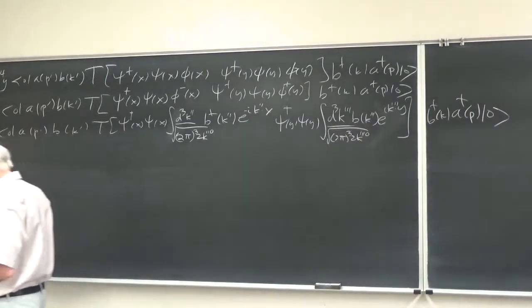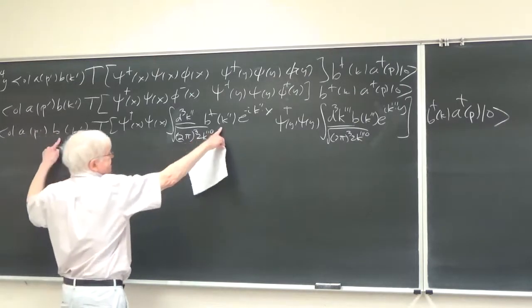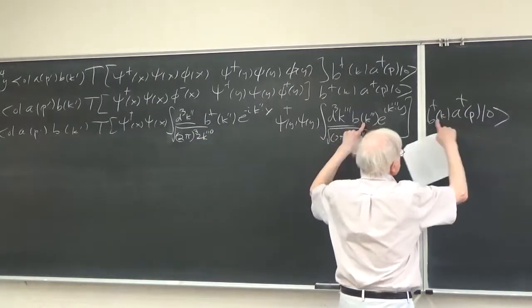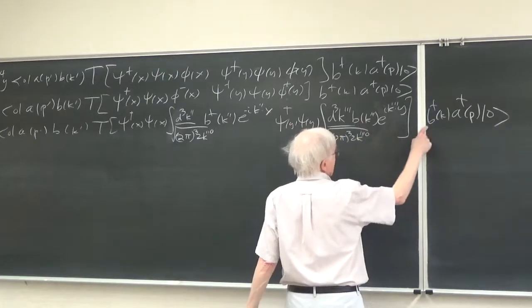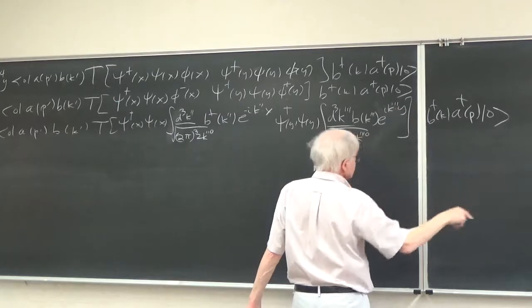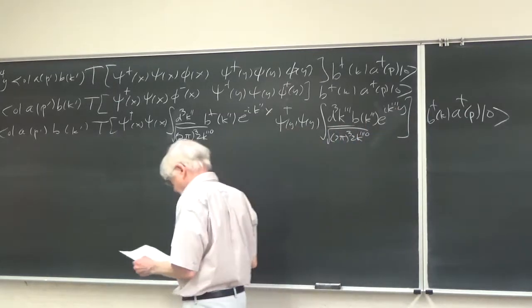So that's where we are at this stage. And now, this gives us a delta function of momentum. In other words, B dagger is B dagger B on the vacuum, which is 0, plus the value of the commutator.